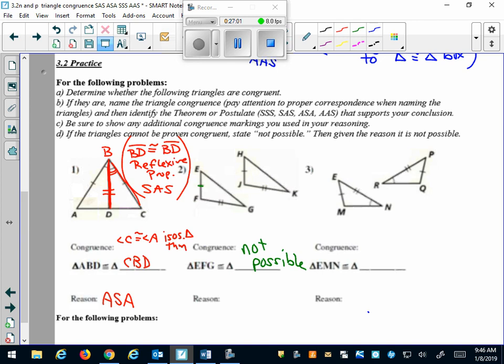So that's why it's not a postulate. So this one we're going to have to say not possible. And although here it was like not enough information, here it's because I'm going to write it backwards just so it doesn't look as bad. SSA is not a postulate.